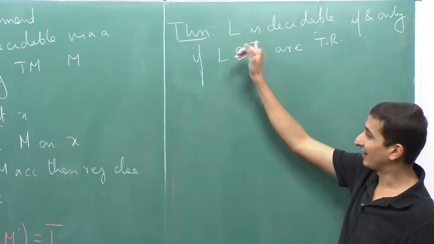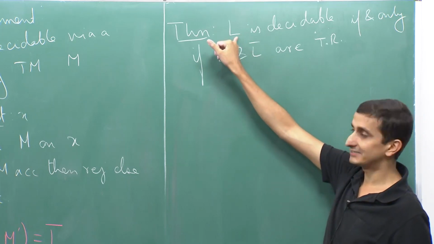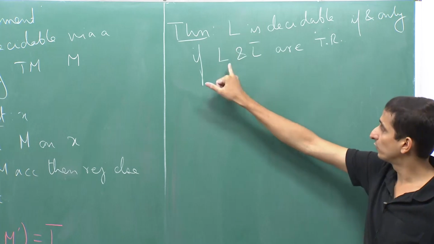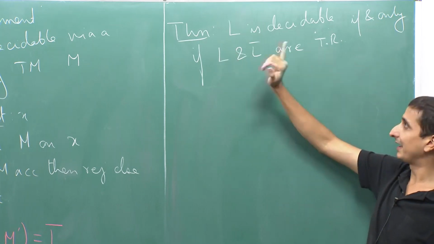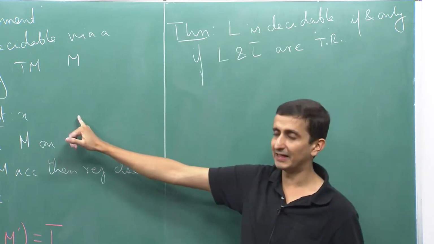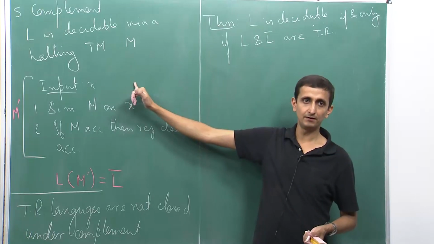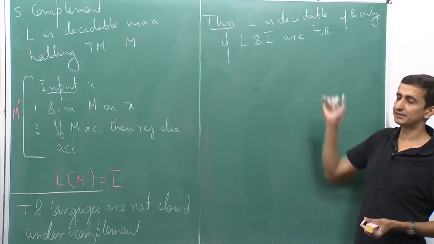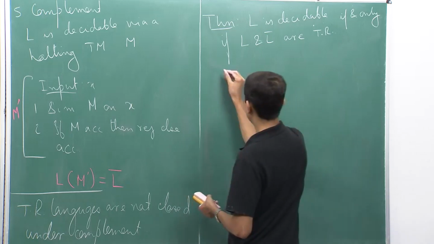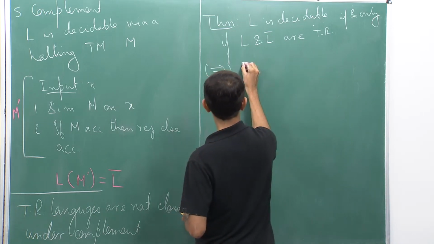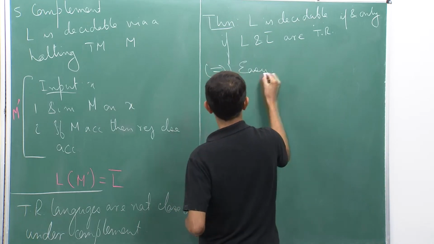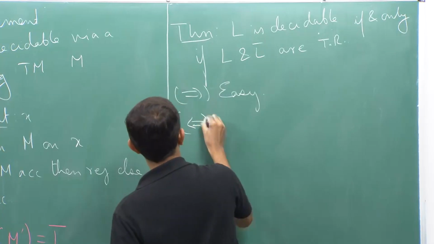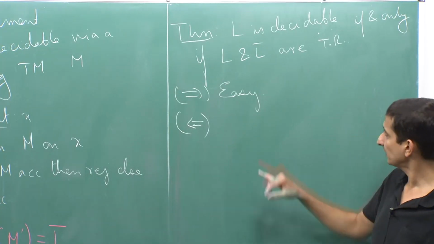One direction is easy. If L is decidable, then of course L is Turing recognizable, and if L is decidable, we just proved that L complement is decidable, which proves that L complement is Turing recognizable. Okay. So, hence the forward direction is easy. Now, what about the reverse direction?